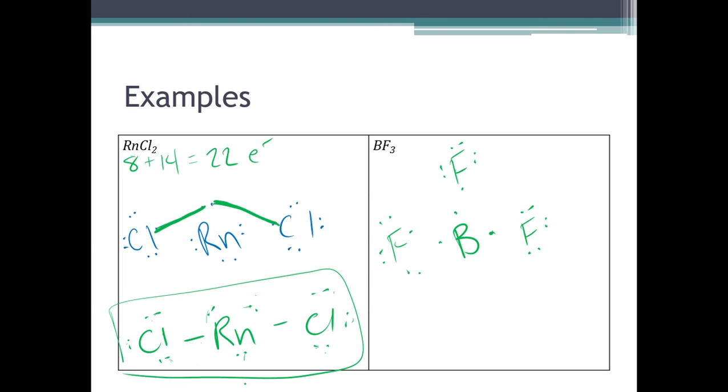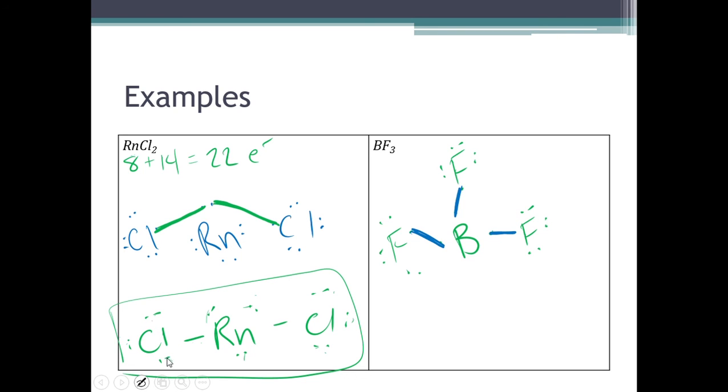And then we will start connecting lonely electrons into bonds. So we'll form a bond right here, form a bond right here, we'll form a bond right here. So that takes care of all of our unpaired electrons.